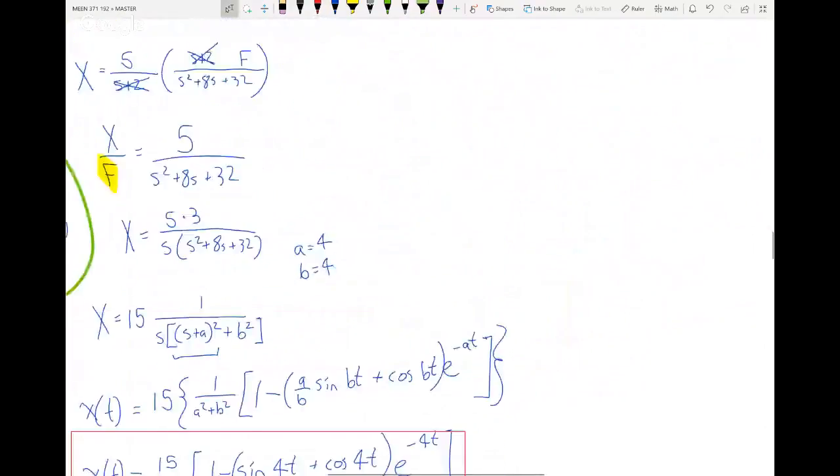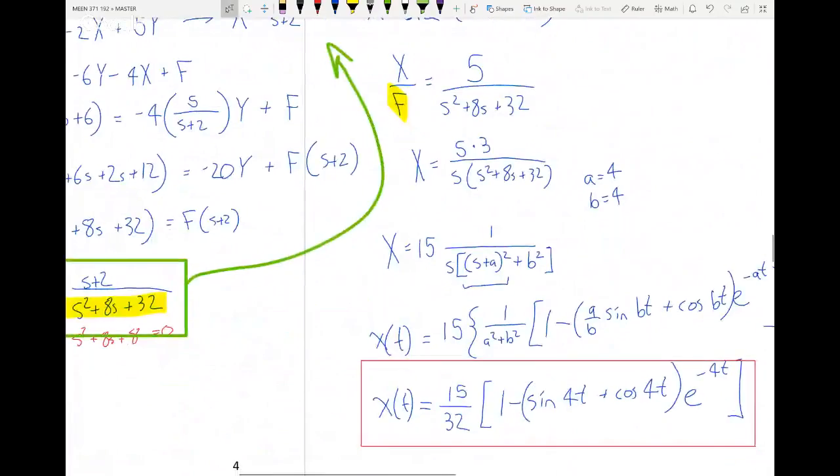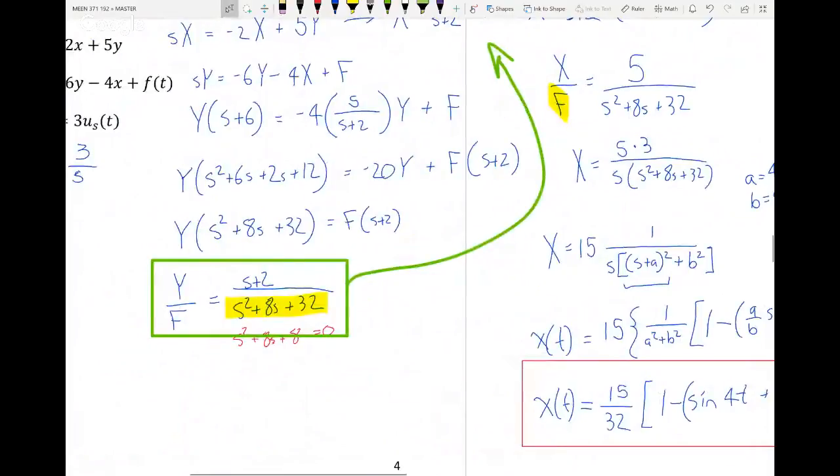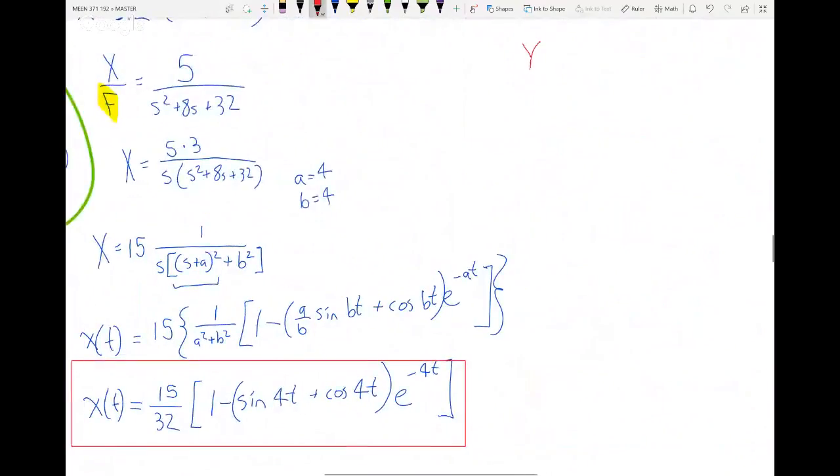Now let's come back and take a look at this y. Y over F equals s plus 2 over s squared plus 8s plus 32.